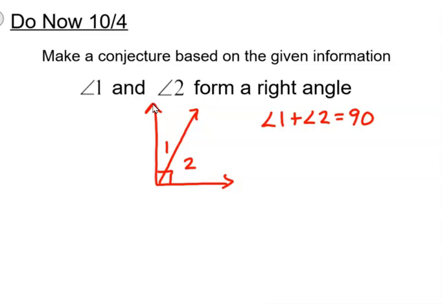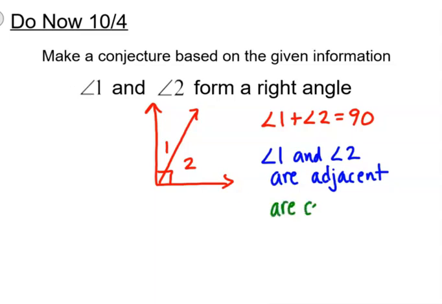You can tell me that angle 1 and angle 2 are adjacent. You could tell me they are complementary, right? You only need one of these options, but just again showing that there are multiple conjectures you can make. So as long as you have one of them, you are good to go.